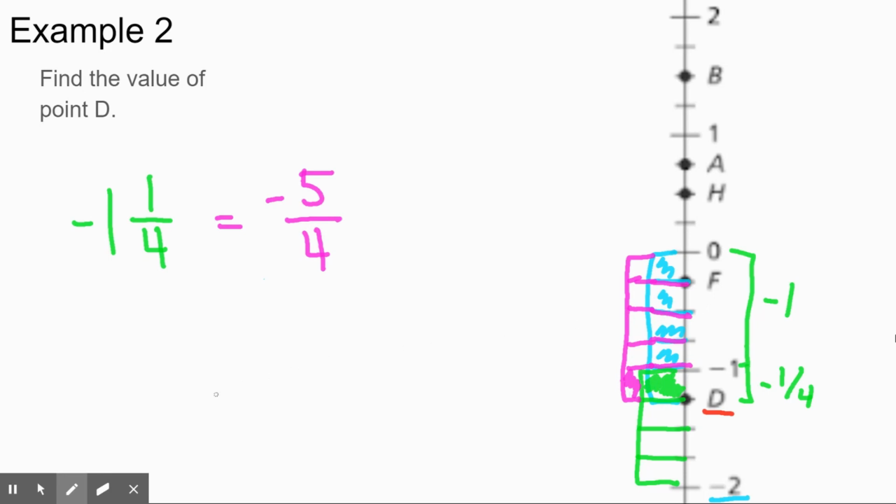Additionally, you don't have to use fractions if you don't want to. If you prefer to think with decimals, you can absolutely use decimals. In this case, it would be -1.25, negative 1 and 25 hundredths. So, a couple of different ways you could do that, depending on what you prefer.